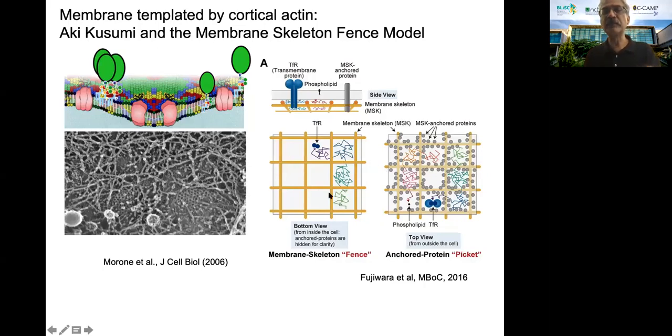And when membrane molecules move about in this sort of highly fenestrated imprint, they experience hop diffusion, which has been well described by many of our colleagues, especially Aki Kusumi and his group. But this is a passive imprint of an actin cortex. There's no way that this cortex itself, in this form of interaction, could give rise to clusters.